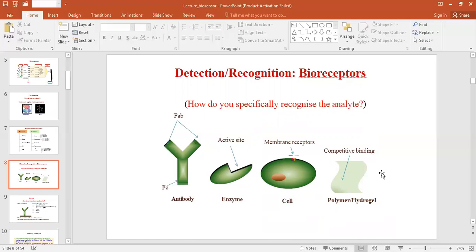Means how do we specifically recognize the analyte? That is our motto. And on that basis, we have to utilize the bioreceptor component in the form of antibody, enzyme, cell, or polymers or hydrogel that should have competitive binding or specific binding towards it.